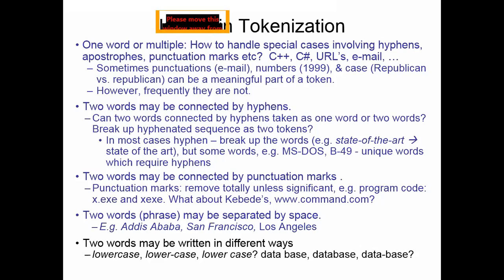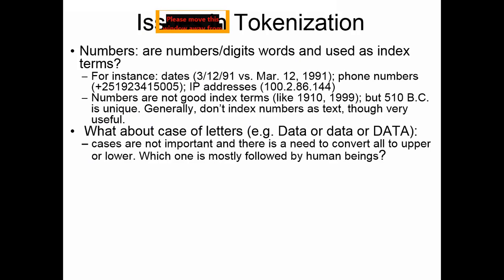Sometimes the word is just a numeric value, 2020. Or there are also telephone numbers, dates. There are also IP addresses. How can we deal with them?